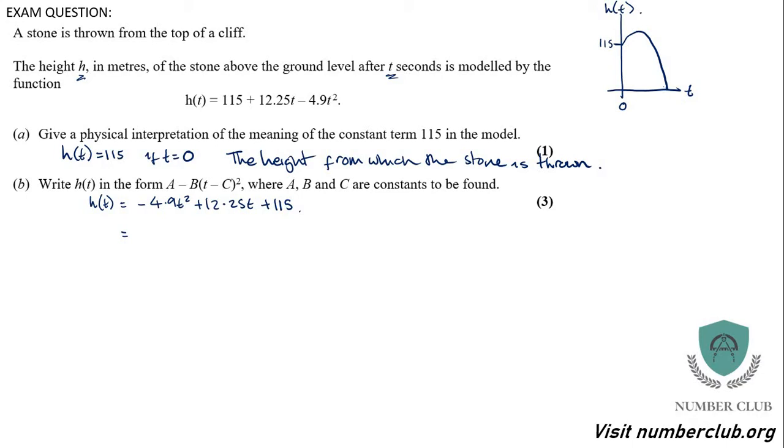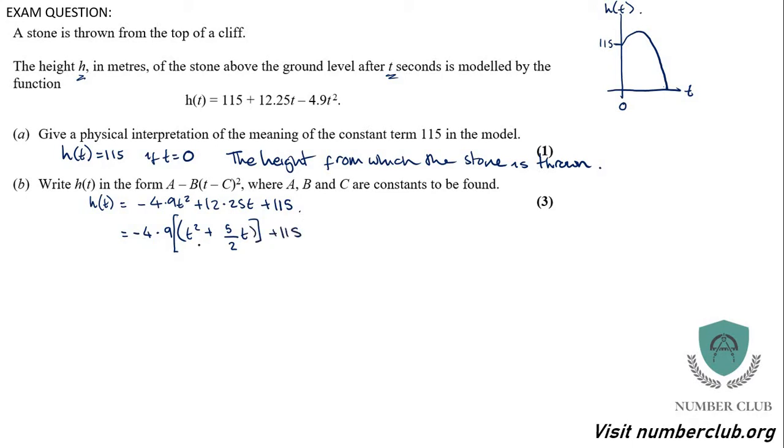So the first thing to do is to divide out that 4.9. So 12.25 divided by 4.9 is going to be 5 over 2. So we divide out negative 4.9 from the first two terms and you'll have lots of t squared plus 5 over 2 t and then plus 115.